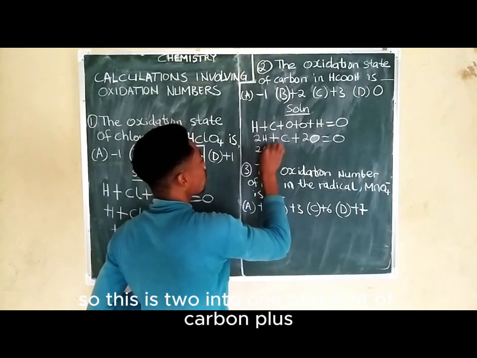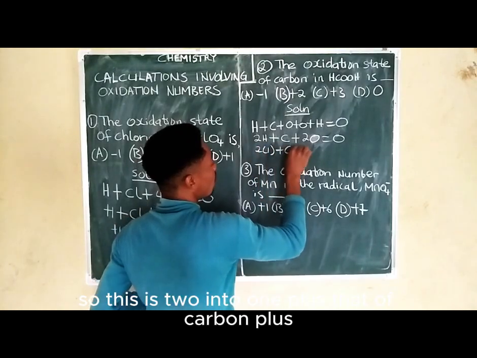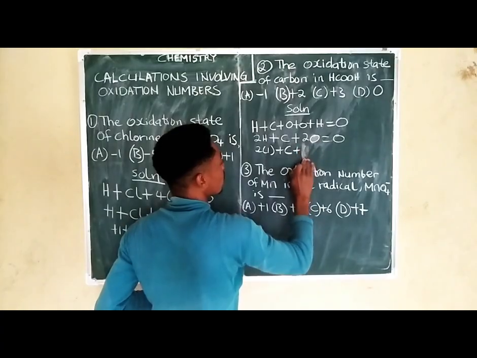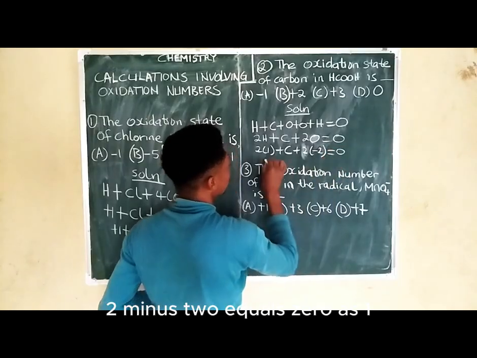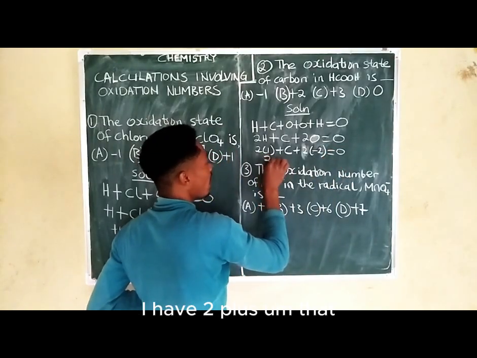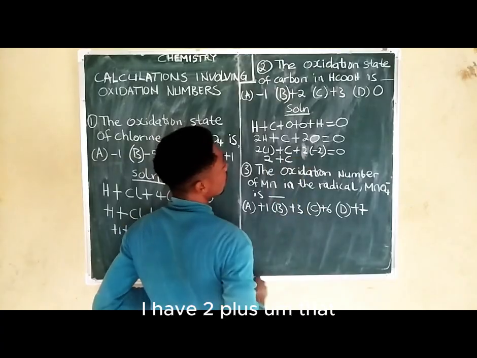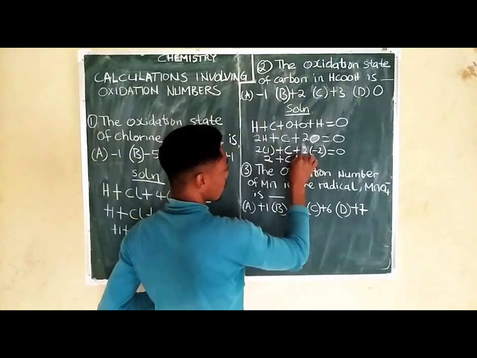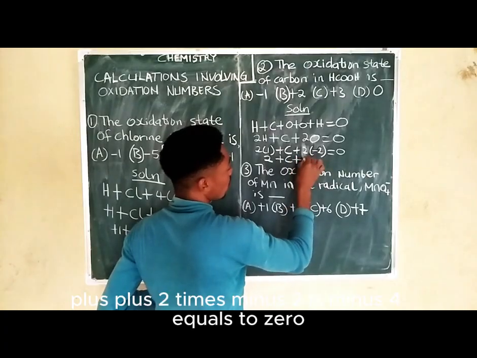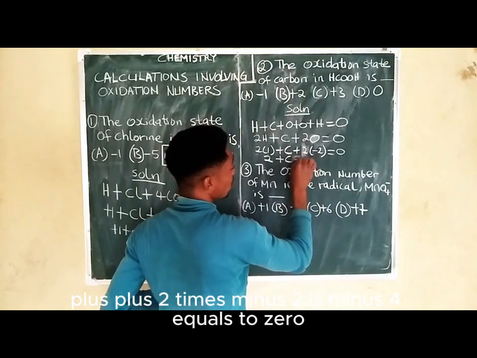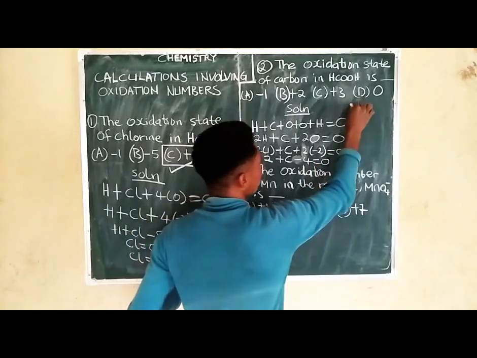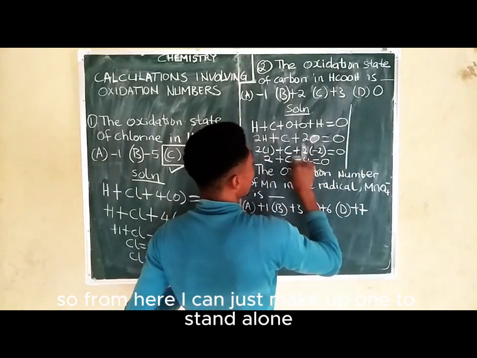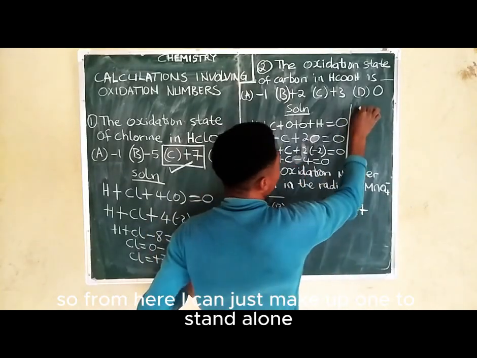So this is 2 into 1 plus that of carbon plus 2 into -2 equals 0. 2 times 1 is 2, plus carbon, plus 2 times -2 which is -4, equals 0. So from here, I can make carbon stand alone.